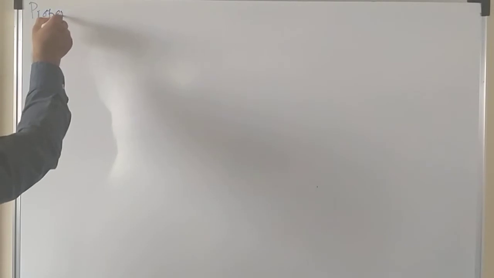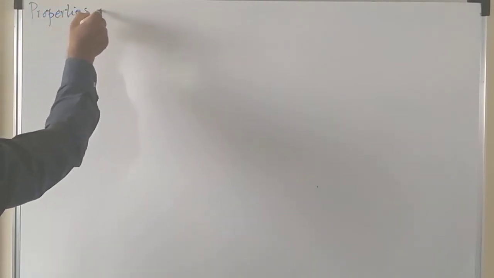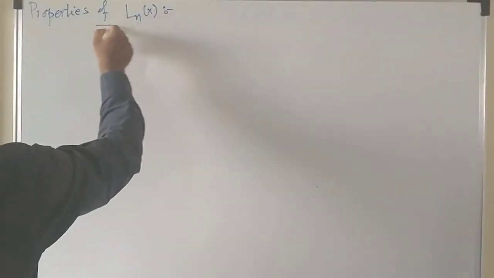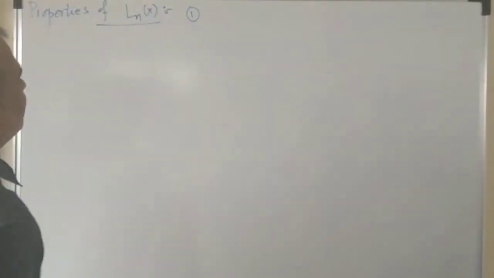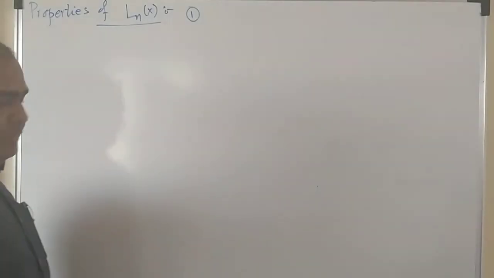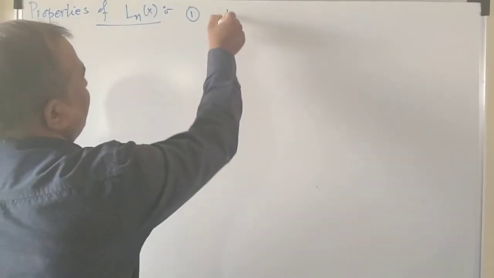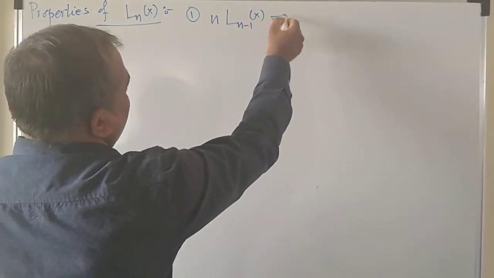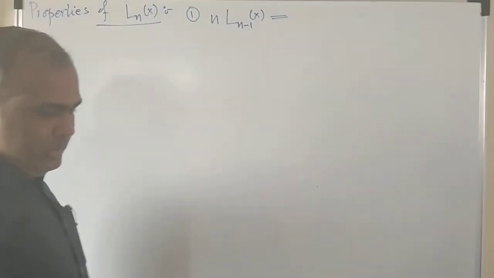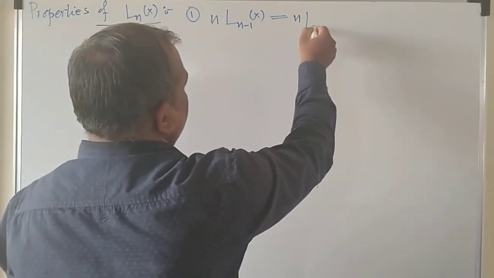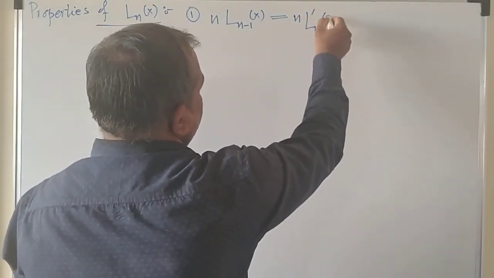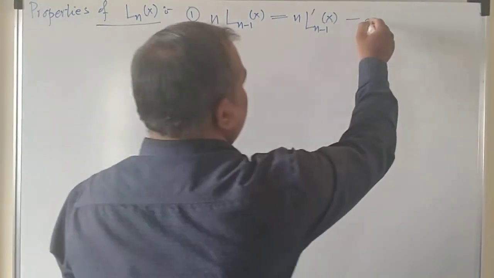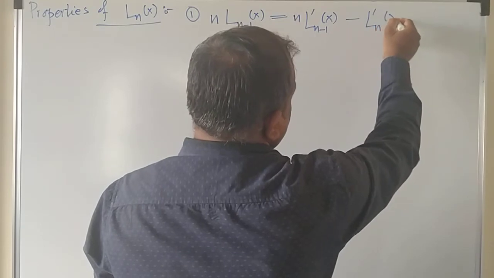Properties of L of x. So let's go for the first property of the Laguerre polynomial, and the first property of the Laguerre polynomial is Ln minus 1 of x, and this is equal to n Ln minus 1 dash of x minus Ln dash of x.